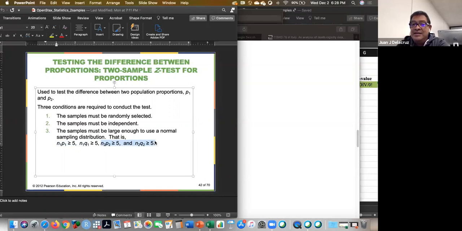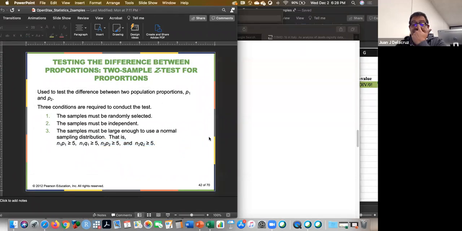The bigger the sample, we don't have to care too much for that. When the sample is big enough, of course, we always obtain numbers that are greater than 5.